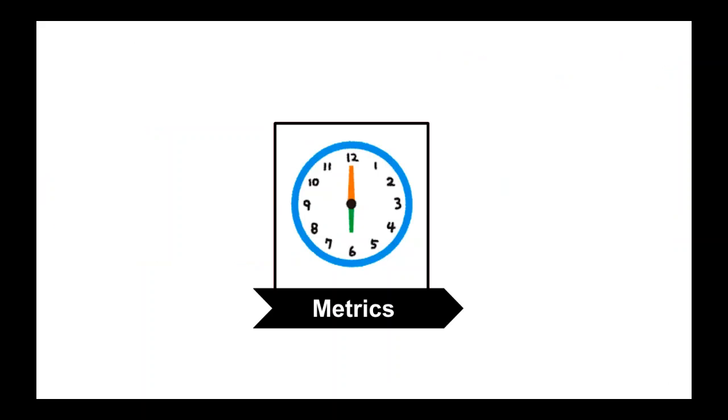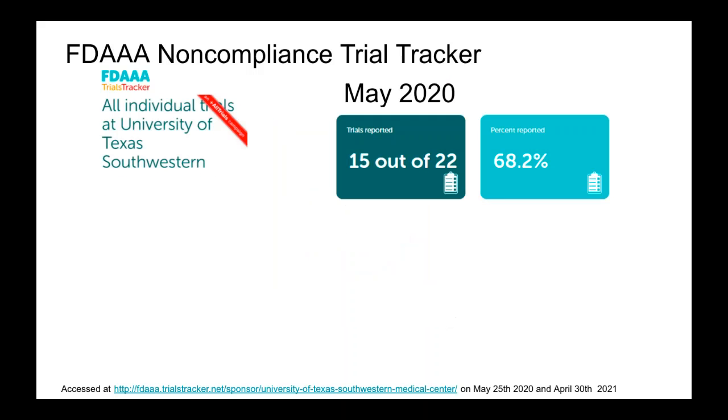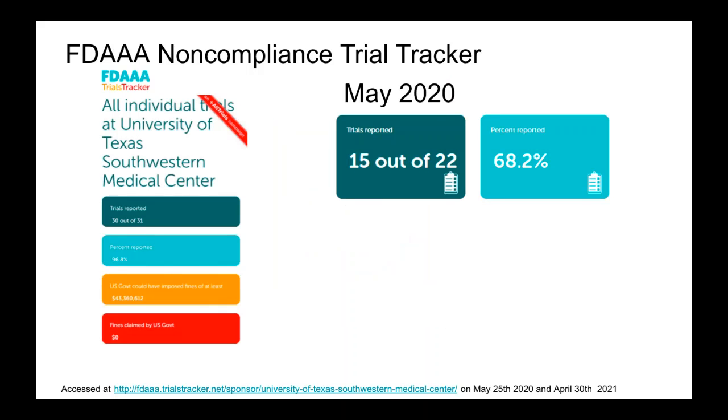So now let's quickly review metrics. According to the FDAAA non-compliance tracker website, for UT Southwestern as a whole, our compliance rate, or proportion, a year ago was 68.2%. And UT Southwestern leadership was obviously very concerned at the time.